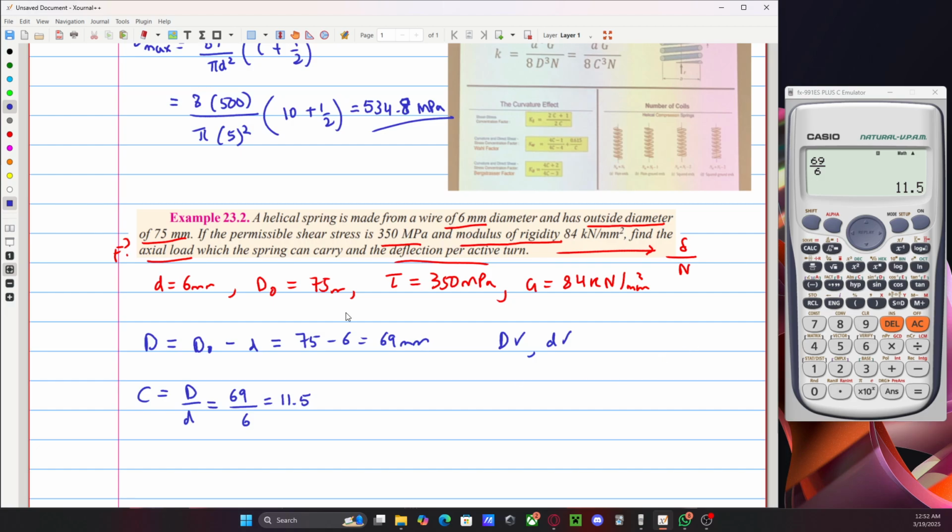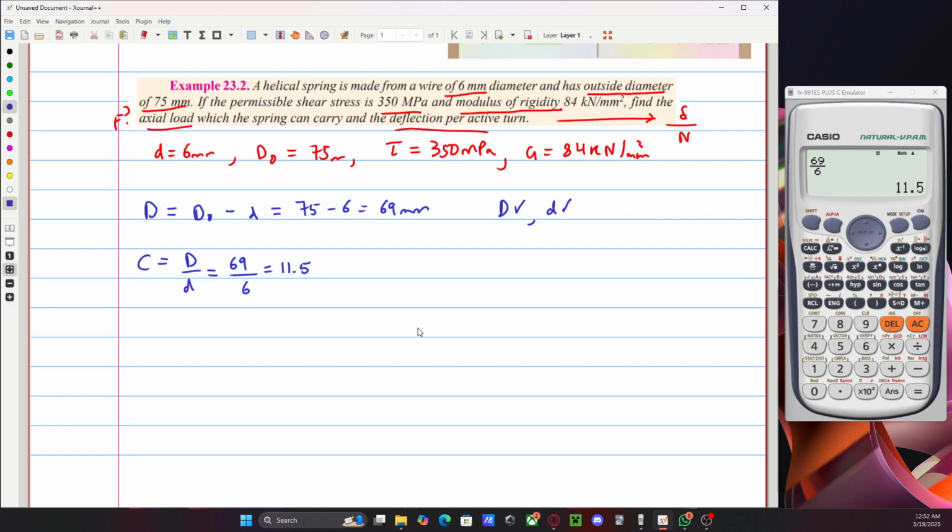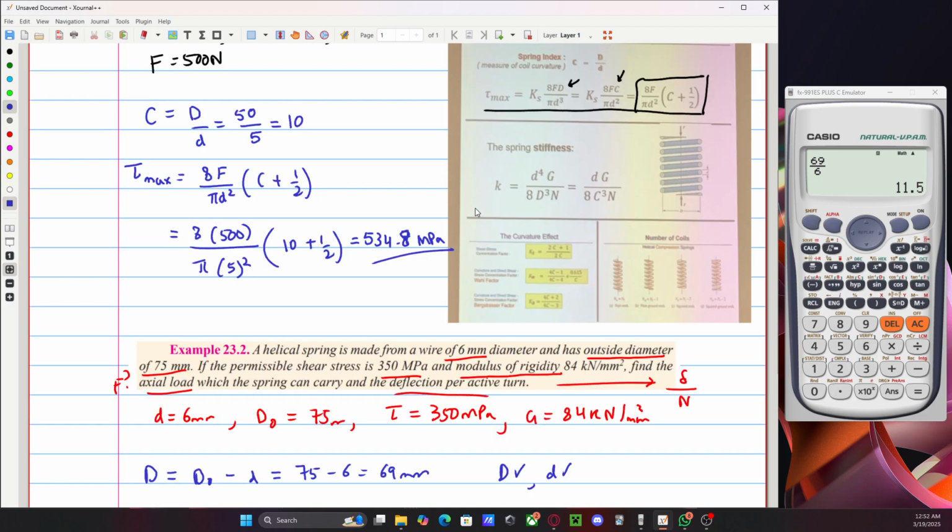Now, next, we found out what C is. To work out the deflection per active turn, we have a spring constant K over here. We also know that F equals K delta X, where delta X is our extension we're trying to find out. We can rewrite this equation for F, the axial load, which we're trying to find out.